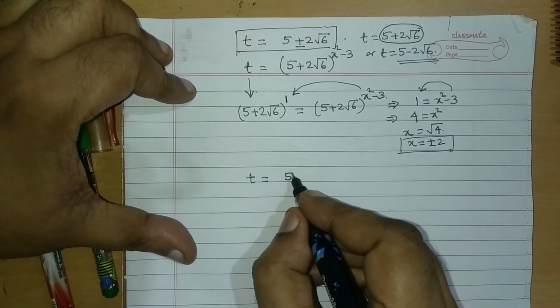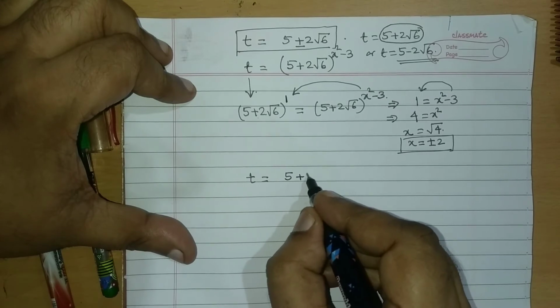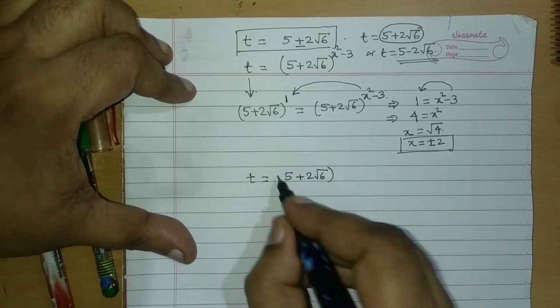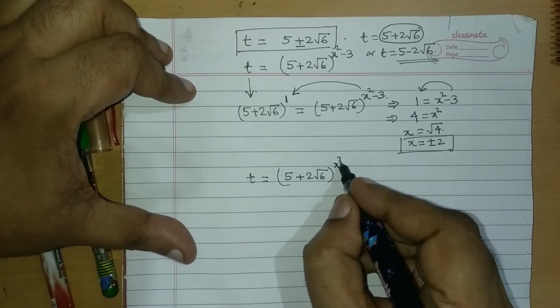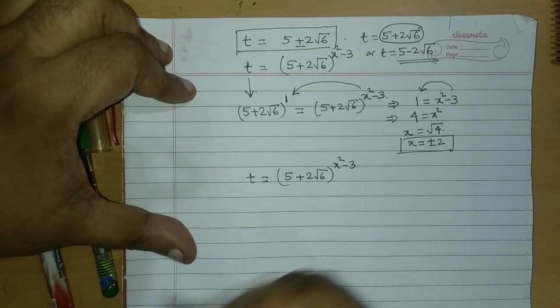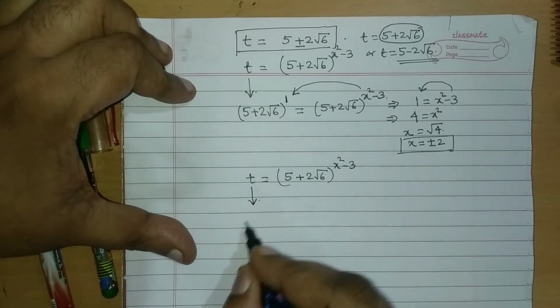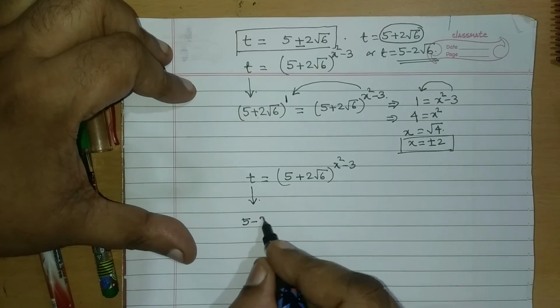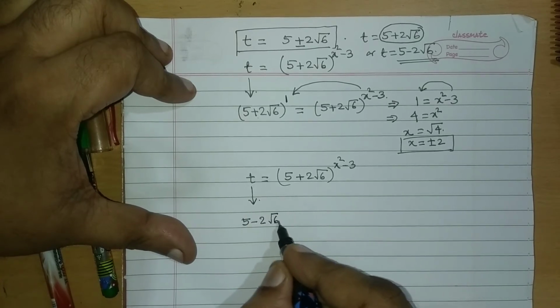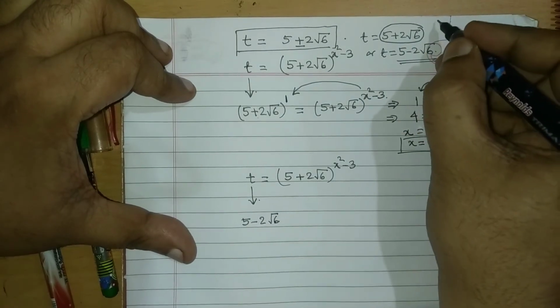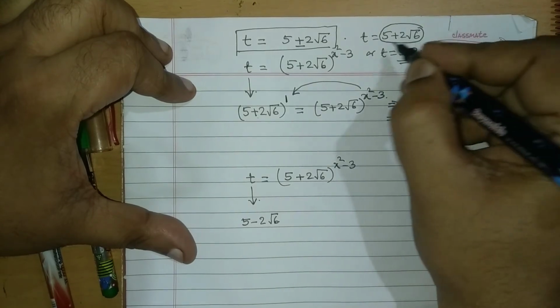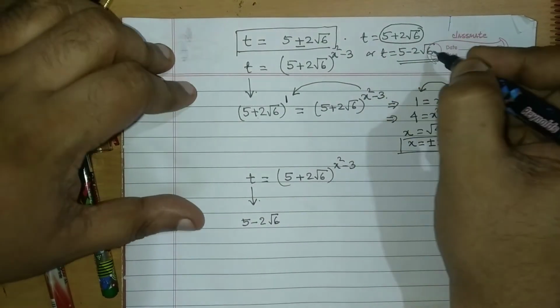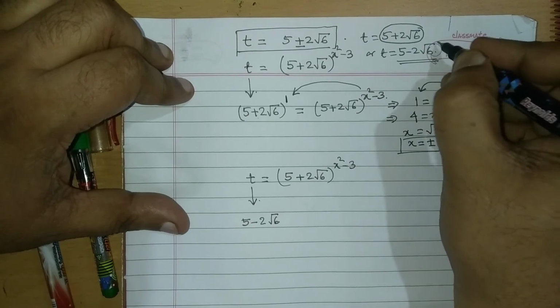So t is equal to 5 plus 2 root 6 to the power x square minus 3 I have taken, and in place of t we can write 5 minus 2 root 6, because here the value of t is 5 minus 2 root 6 also.